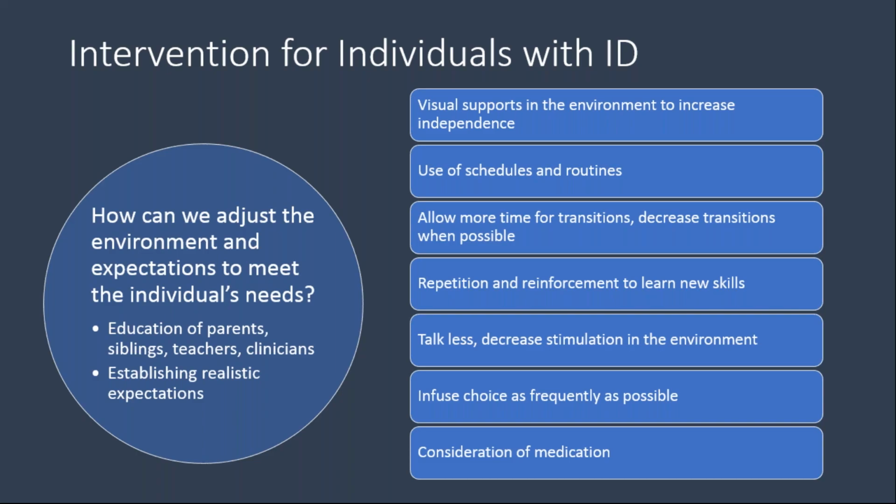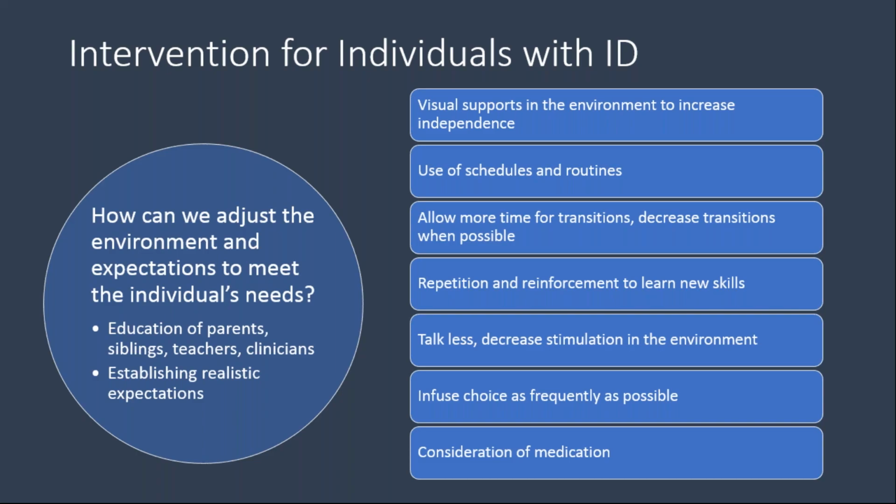So we give positive praise or perhaps access to reward, like a sticker or some sort of edible reward that they enjoy. Could be time doing something they enjoy. But when we reinforce that and repeat the skill over and over again, that's how the individual actually starts to develop that skill over time.